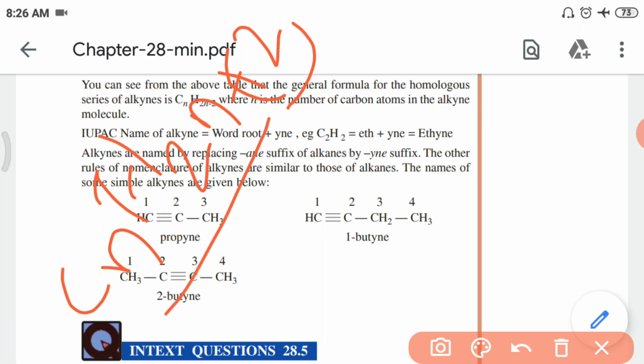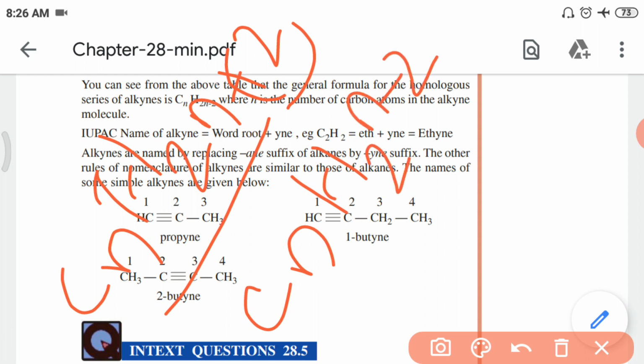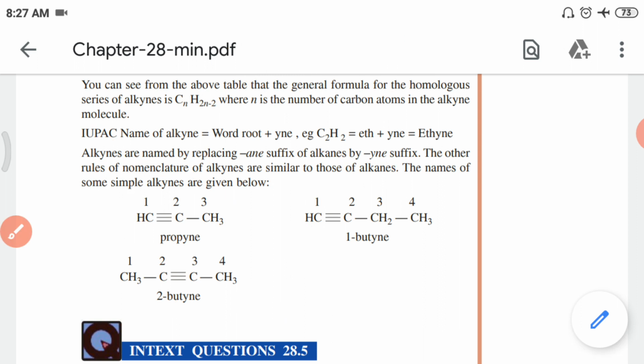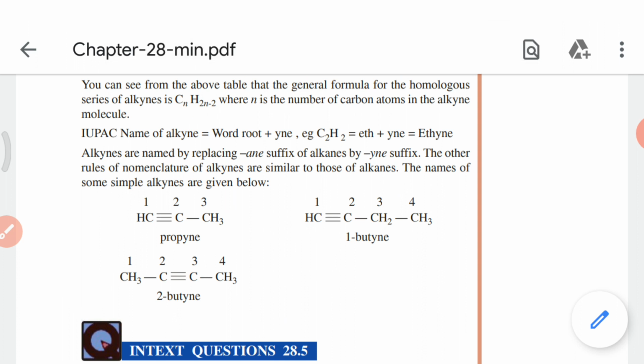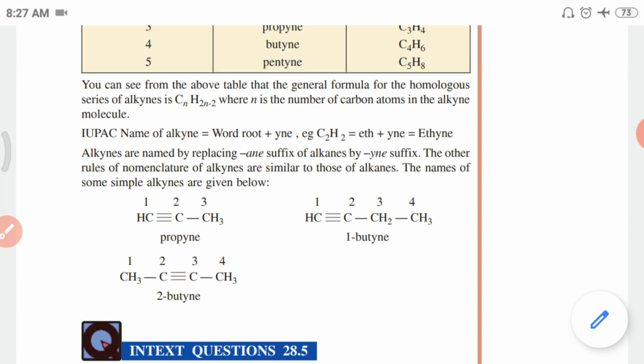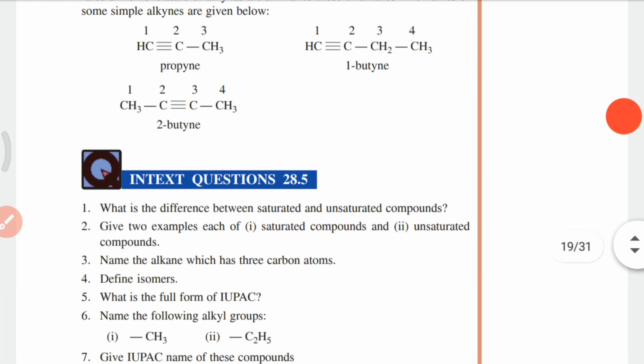For alkynes, we remove 2 hydrogen atoms also, so it is changed to CnH2n minus 2. So it is very easy to remember all this. And also the double bond and triple bond are indicated by their number: 2-butyne, 1-butyne, etc. So it is very easy to remember all these names.